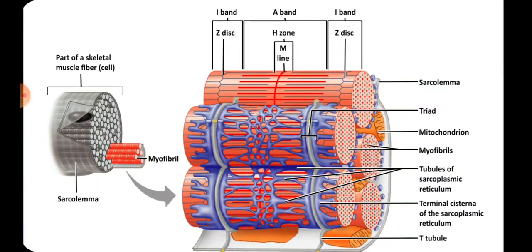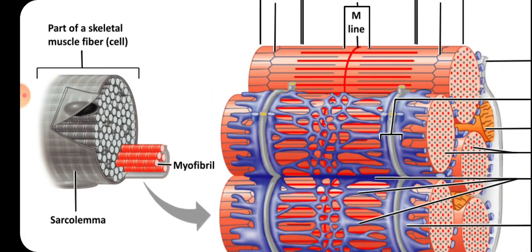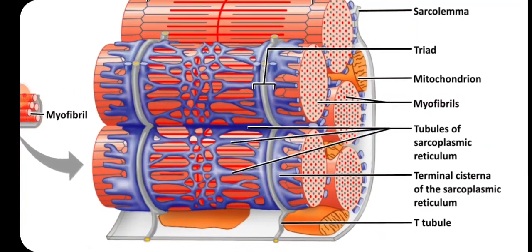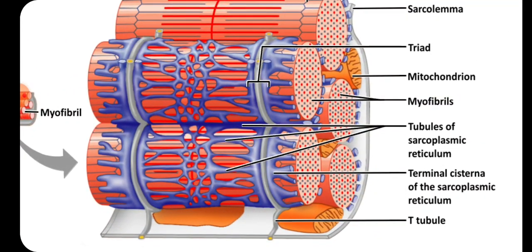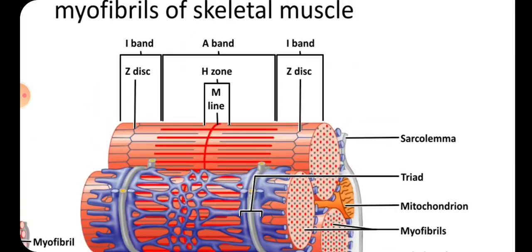Here, in this diagram, you can see the gray colored sarcolemma, which is part of the skeletal muscle fiber, and myofibrils protruding out. One of the myofibrils, or a bundle of myofibrils, has been elaborated in this diagram.